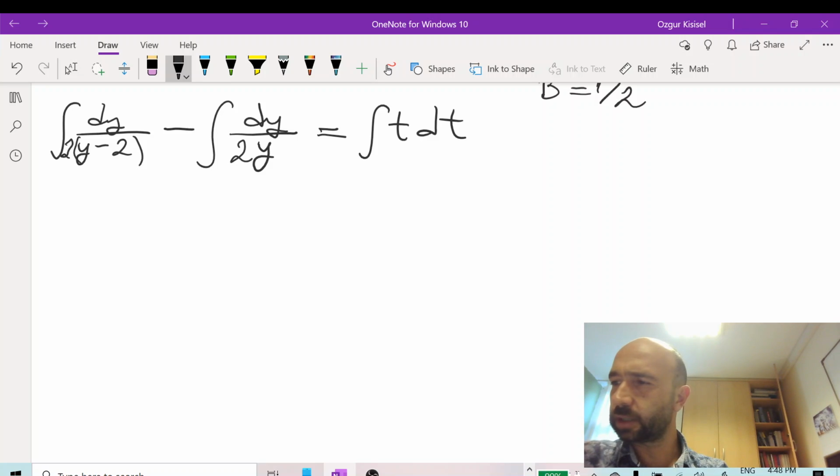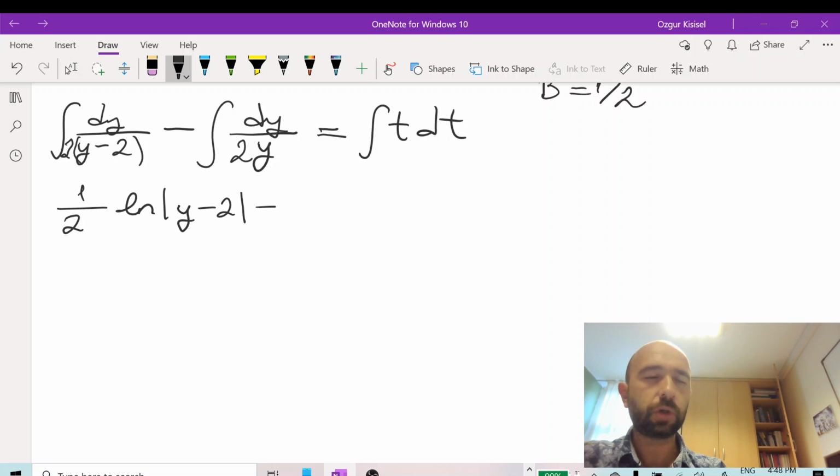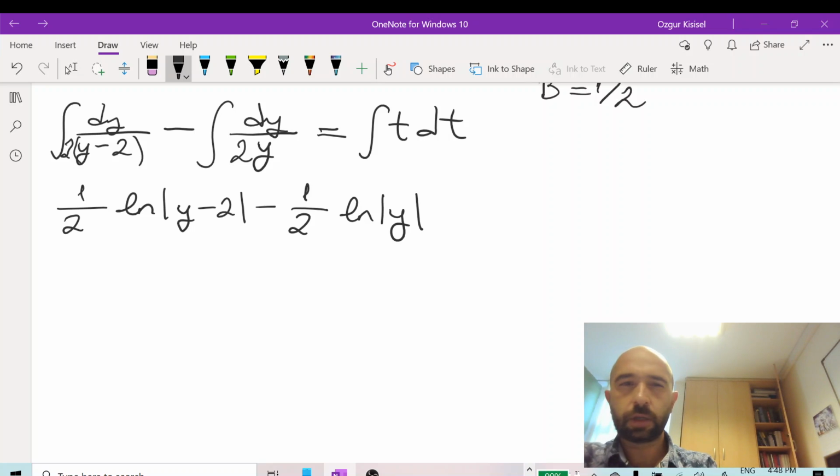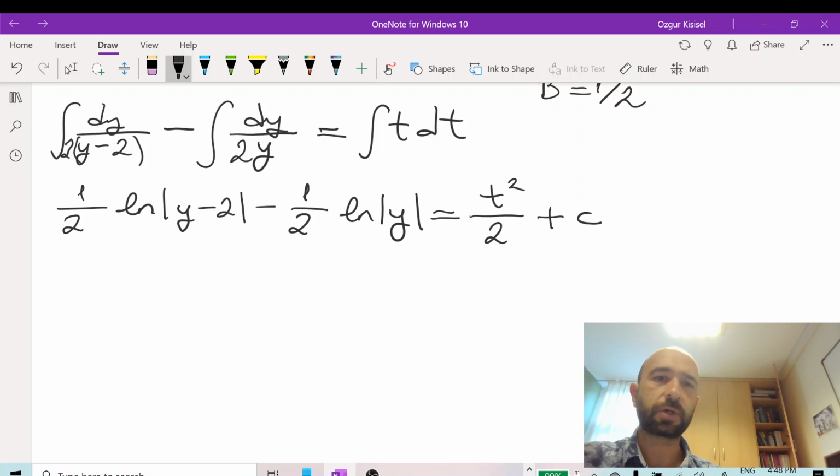Okay, the first integral is going to give you 1/2 ln absolute value of y minus 2. And the second integral will give 1/2 ln absolute value of y. The right hand side will be t squared over 2 plus c, where c is some constant. Now we can use a property of logarithm. We can take the 1/2 out, of course, and we have a difference of logarithms.